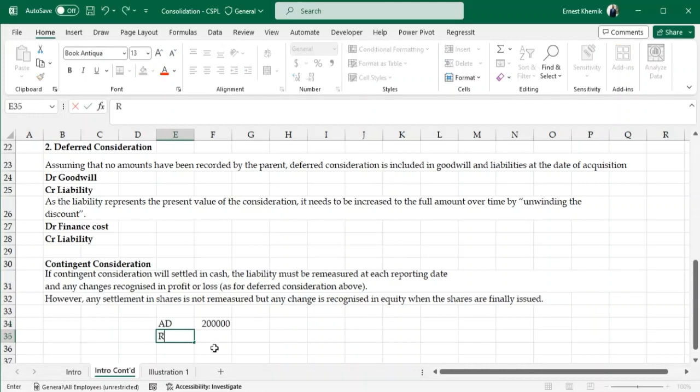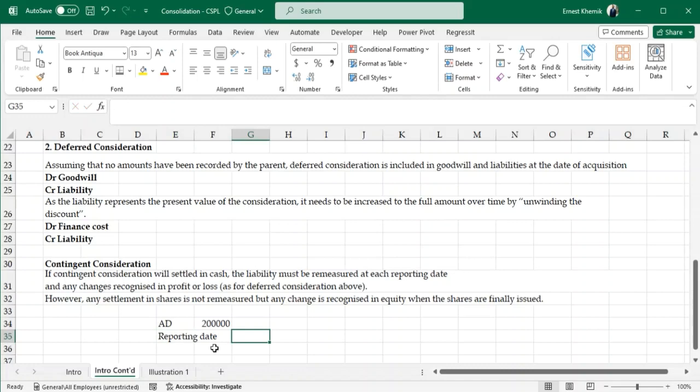Then at the reporting date, they might assess conditions and then tell you that this 200,000 is no longer possible, rather it's going to be 150,000. So that's what they will tell you. Now what you are saying is that the difference between these two figures at the reporting date is going to be recognized in profit or loss, but it is not going to be included in calculating our purchase consideration in the goodwill calculation. All right.